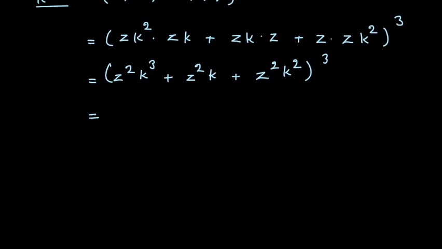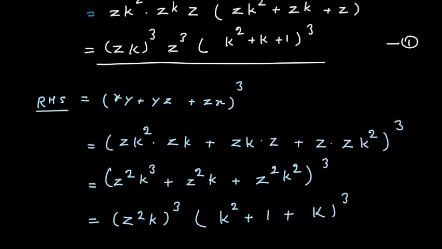Now z square k I can take common, so this will be (z square k) the whole cube into, when I take z square k common, k square is remaining, 1 is remaining, and k is remaining, the whole cube. If you see what we got in the left hand side, it is z cube into (zk) the whole cube.